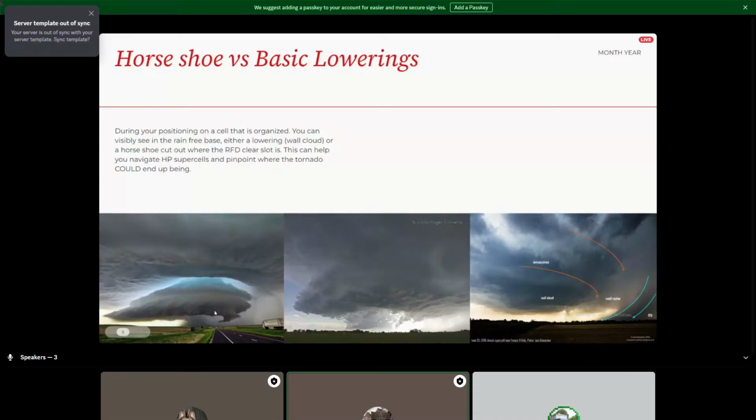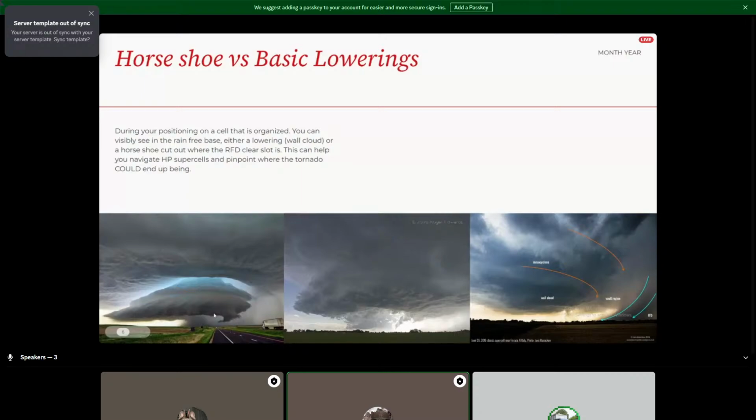But where's the horseshoe? Follow my cursor: the horseshoe from the back here, obviously far off on the other side of this precip, is where the horseshoe starts. It wraps around the precip, and you can identify an edge. You can see at the northeast side of the horseshoe is where typically the lowering would be placed.